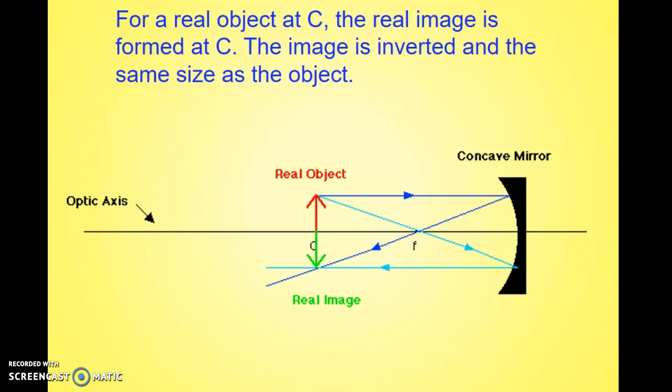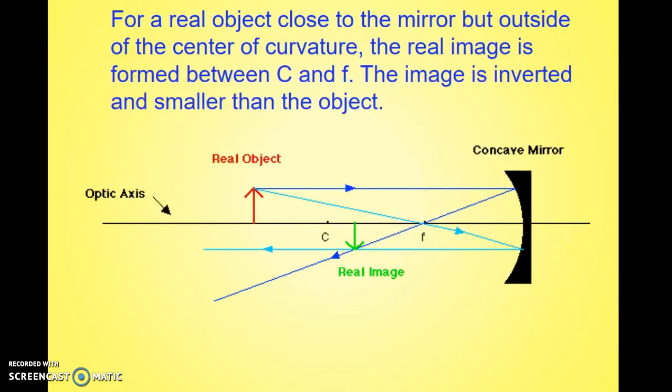Next one you have to know is when the object is at the center of curvature, or at 2f, so double the focal length. Then you do the same thing and you see that the image is inverted or upside down. It's about the same size, if not exactly the same size as the object, and it is a real image as well. It's also on the same side as the object. Next one.